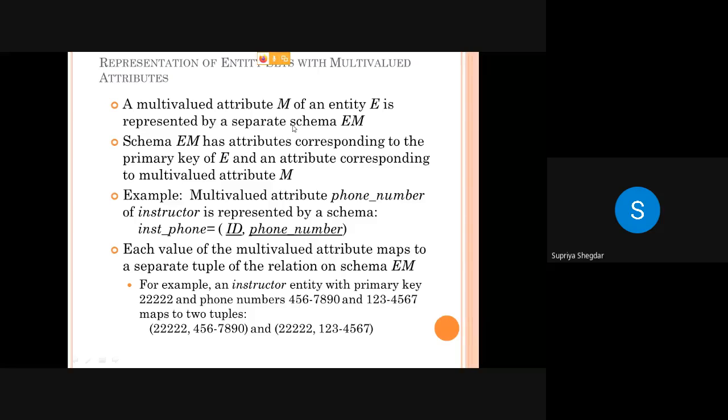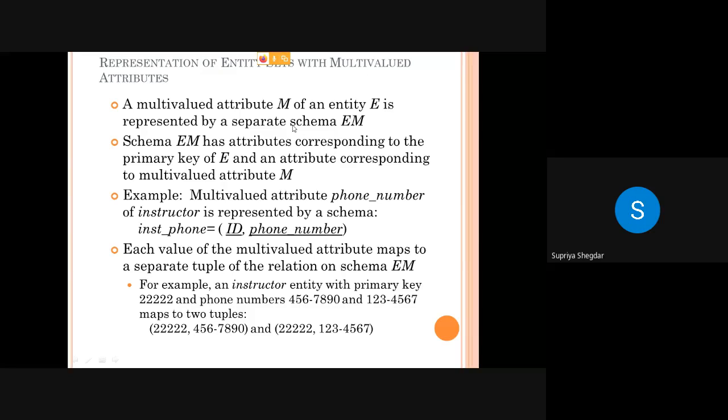Meaning if the multi-valued attribute is present in the entity set, then while reducing it to the relational schema, we can directly create a new schema for the multi-valued attribute.